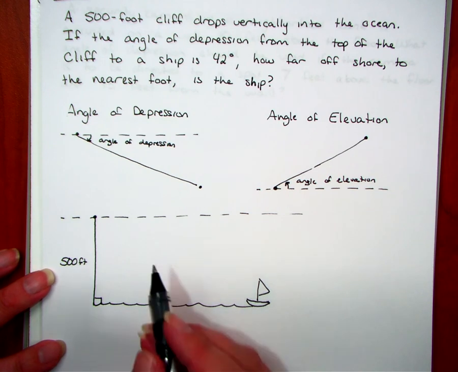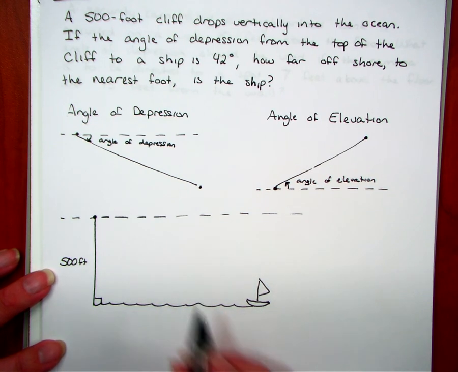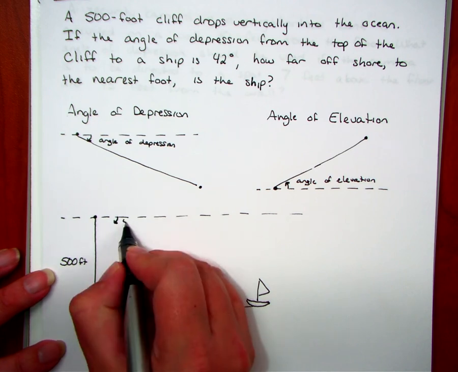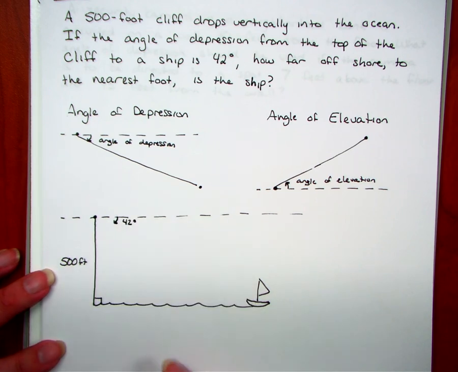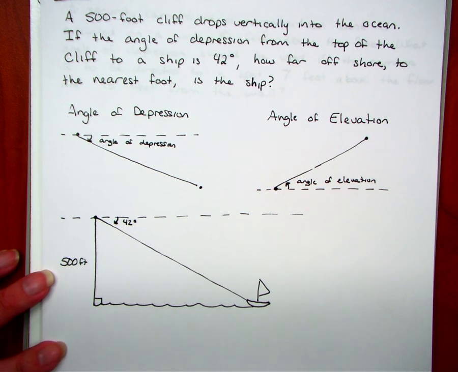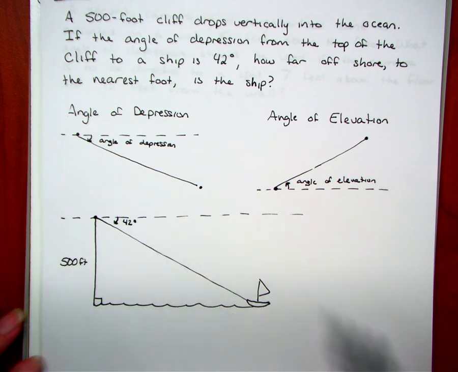So the angle of depression is 42 degrees. Right? So from the horizontal line rotated down, that's 42 degrees. Right? So if I were to kind of draw a triangle here, notice that 42 degrees is not inside the triangle.